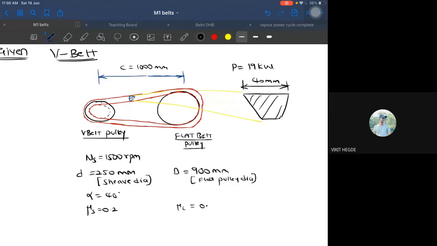Next, it is 20 mm at the bottom. 20 mm. Okay. And 25 mm deep. 25 mm deep. Okay, that's great.